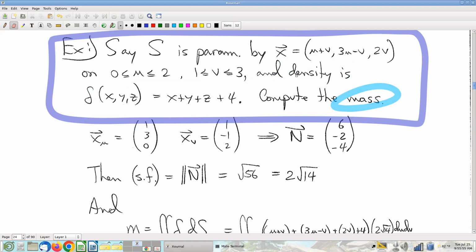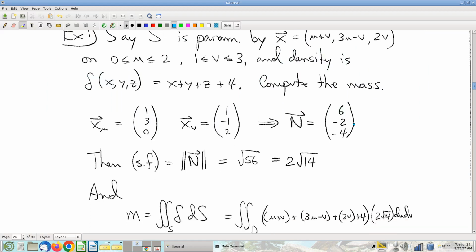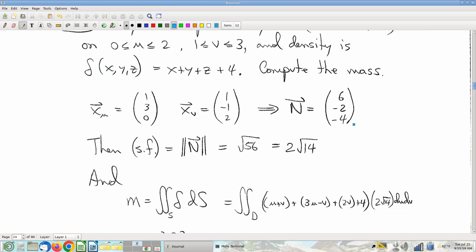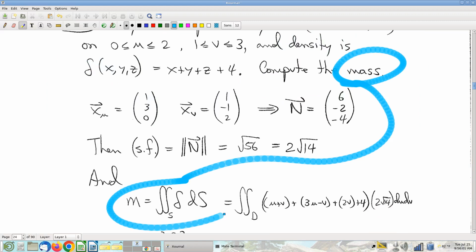Okay, so, alright, we're going to make a chop it up, add it up argument. The mass that we're interested in, the whole is the sum of the parts, and on each little part, it's mass per unit area times area. Everybody good with that part?